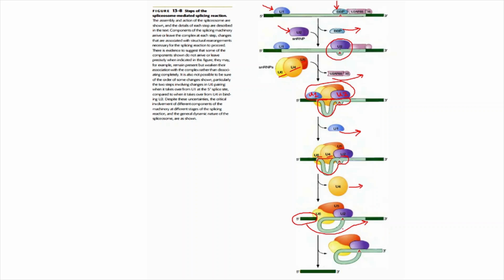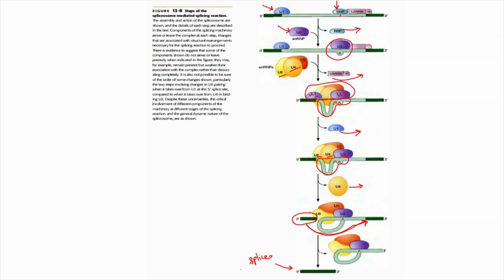So in the subsequent step, this released exon of the first step acts as a nucleophile to attack at the 3' intron exon boundary. So the first portion of the exon gets connected to the last portion of the exon. So the two exons are joined and the intron is released in the form of a lariat.